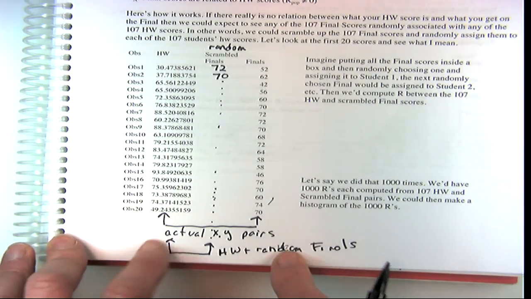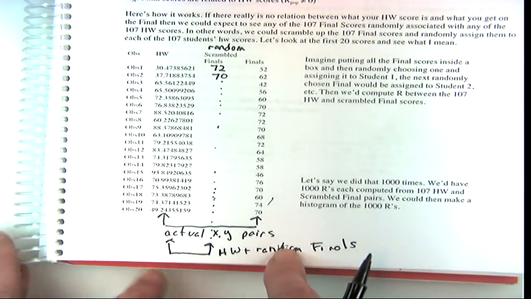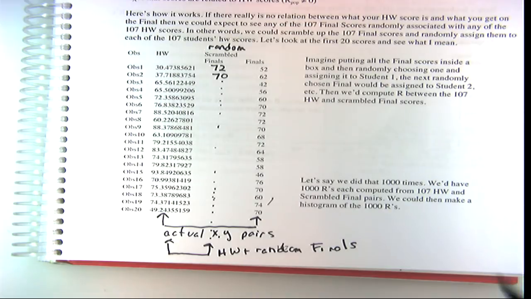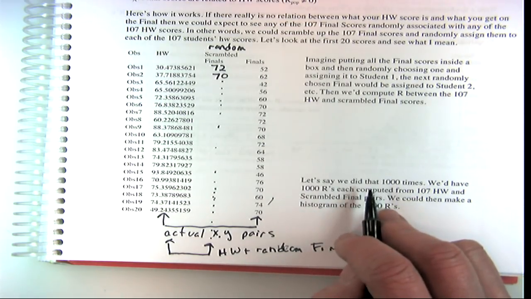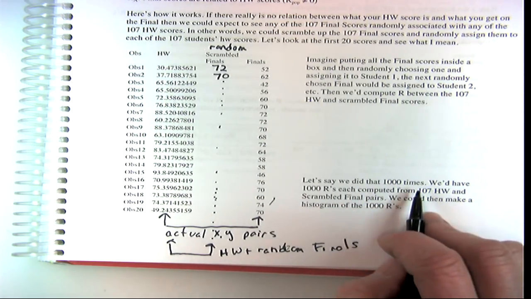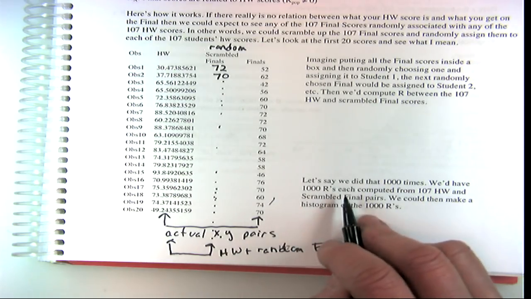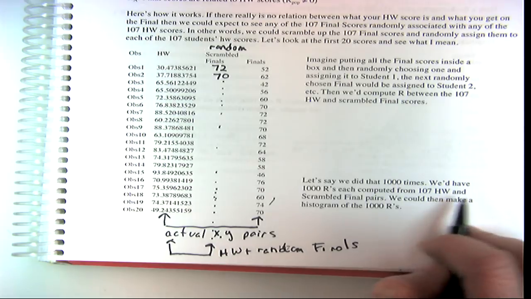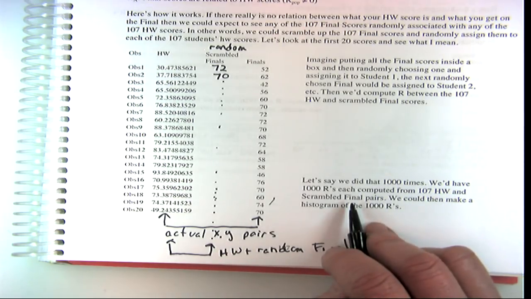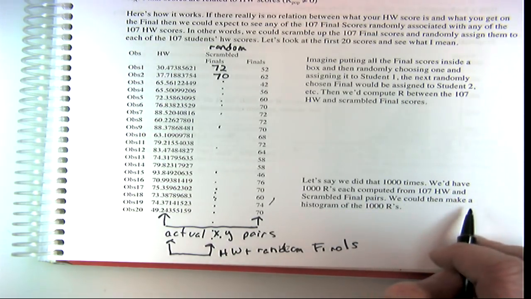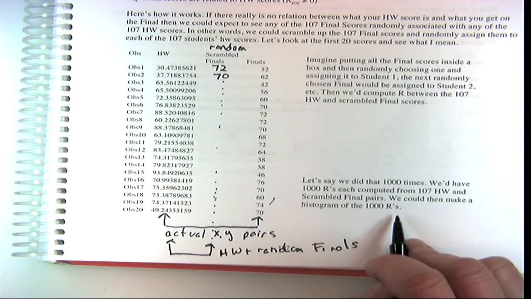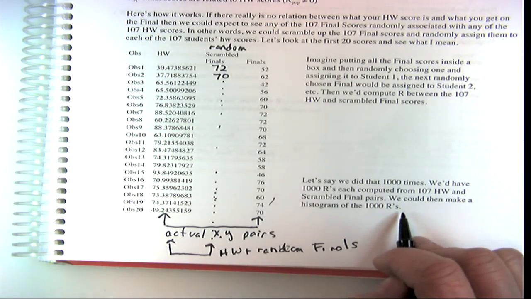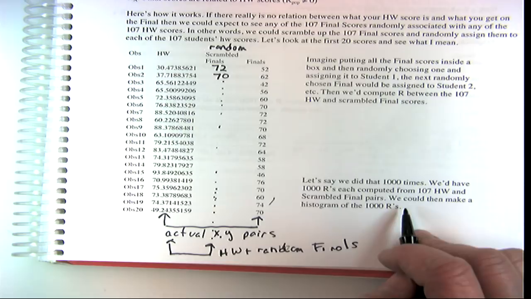I'd have an XY pair that was just randomly assigned to each other. So let's say we did that 1,000 times. We'd have 1,000 correlation coefficients, each computed from 107 homework and scrambled final pairs. And then we could make a histogram of the 1,000 R's. So it would be an empirical sampling distribution.